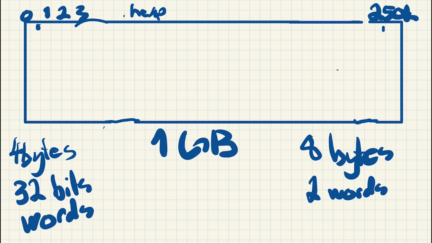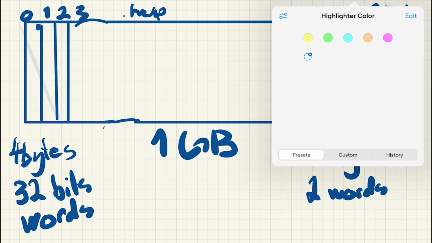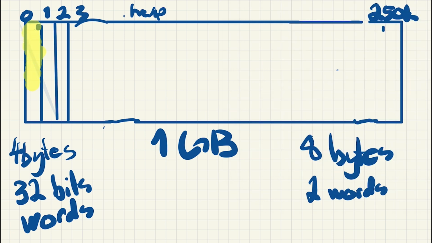If we allocate 2 words, this first word will be the header, which I denote by an H. And these 2 others will be the memory that this allocation contains, the memory that we can use. I denote this by this purple color.